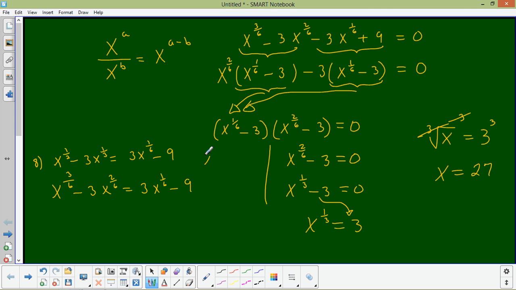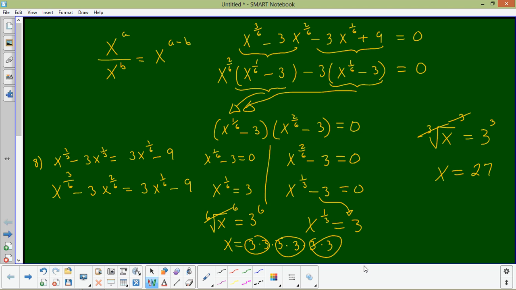And then the other factor, x to the 1/6 minus 3 equals 0, gives me x to the 1/6 power equals 3. That's the 6th root of x. And so to get rid of a 6th root, you raise it to the 6th power, which means 6 3's multiplied together, or three 9's multiplied together.